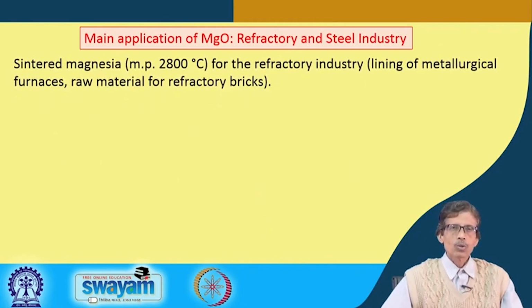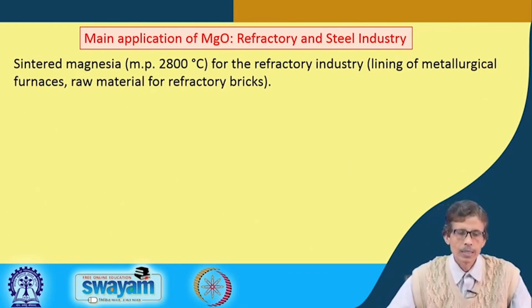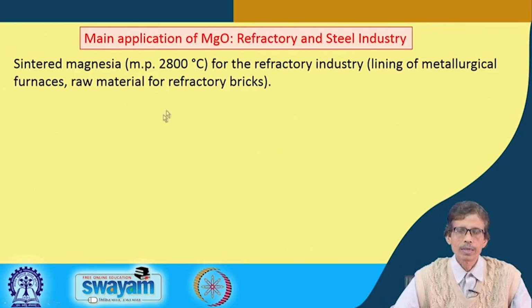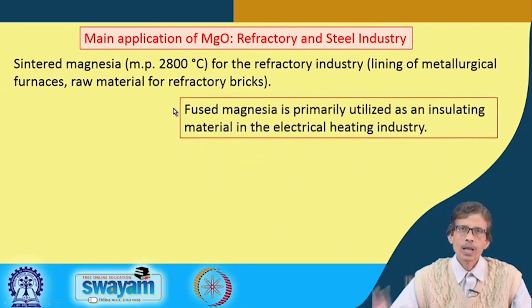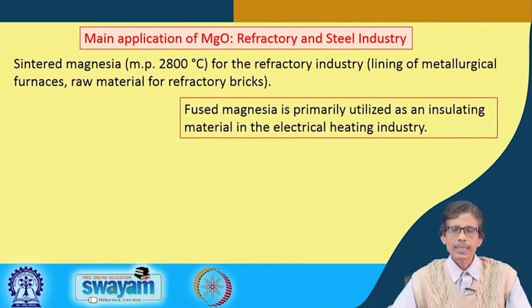So, the sintered magnesia is for the refractory industry, for lining the metallurgical furnaces, the raw material for the different refractory bricks. And the fused magnesia is primarily utilized as an insulating material in the electrical heating industry. So, all these can withstand very high temperatures.